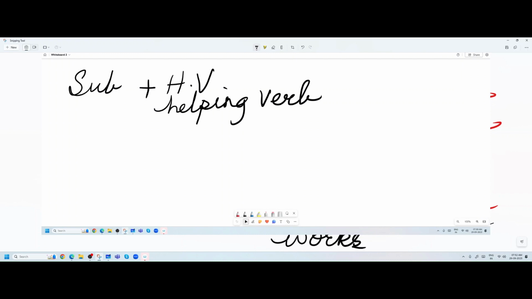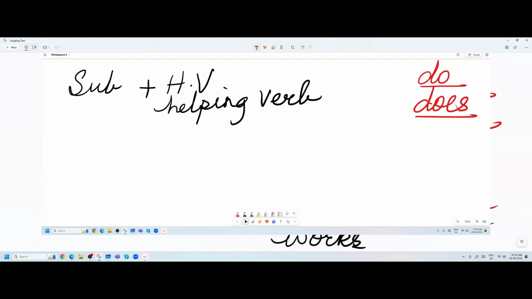It tells you about the tense of a sentence, in which tense you are in, whether it is the present, past, or the future. So, over here, the helping verb that I use is do or does.